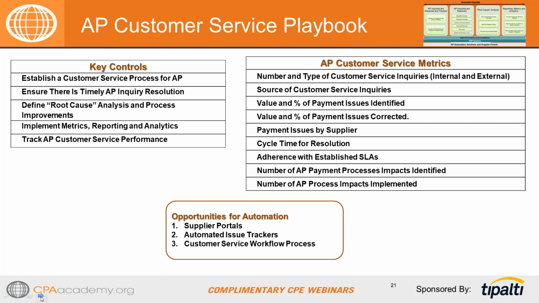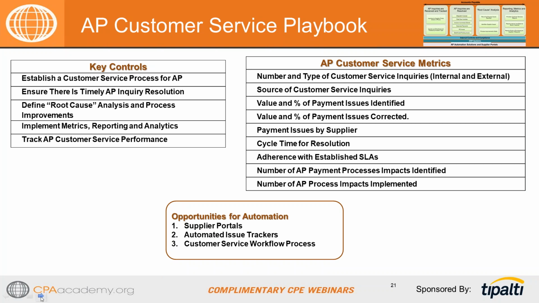Okay, what are the key controls? Have a process, have a customer service process. Set up metrics to ensure timely resolution, and track your customer service performance. How are you doing against your metrics or against your goals or benchmarks?